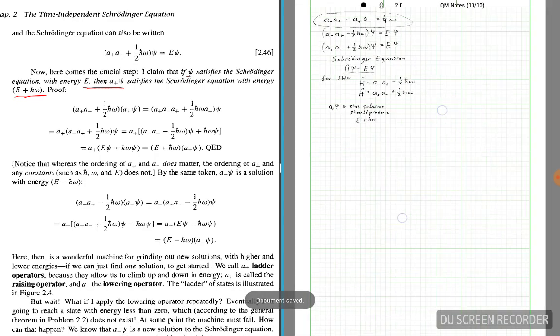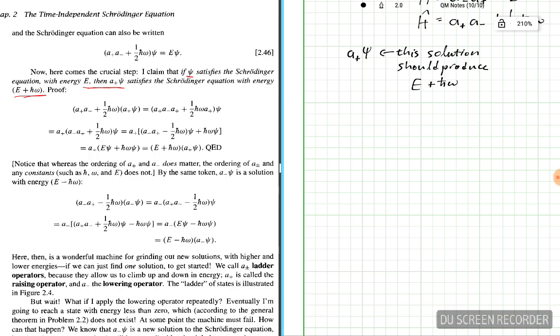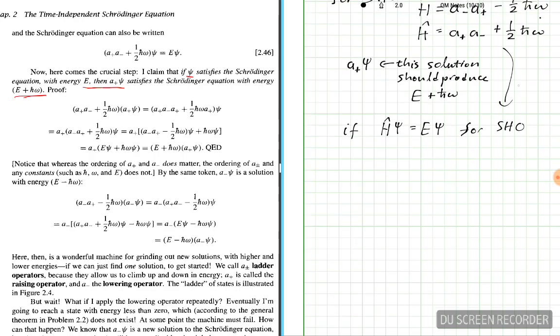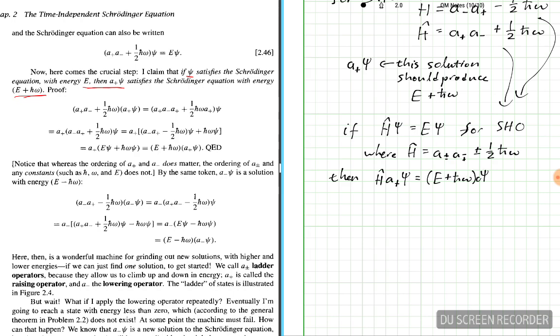So the claim is that if this is true for a simple harmonic oscillator, where those Hamiltonians are valid, so where the Hamiltonian is going to be these operators plus or minus equaling plus or minus 1/2 h bar omega, then what we should see is the Hamiltonian acting on A plus psi equals E plus h bar omega A plus psi.